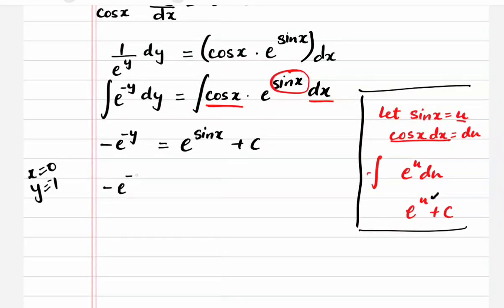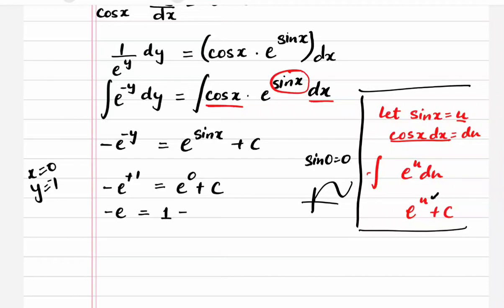So minus e to the power of minus of minus 1, which is plus 1, is equal to e to the power of sine 0, and sine 0 is 0, plus c, and we are finding c. So this is going to give us minus e to the power 1 is equal to 1 plus c. So c is equal to minus e minus 1.